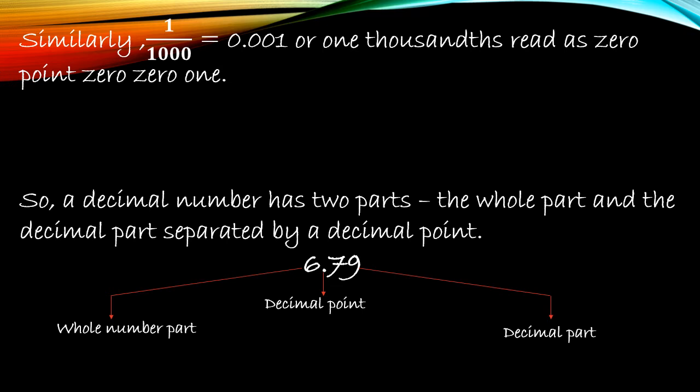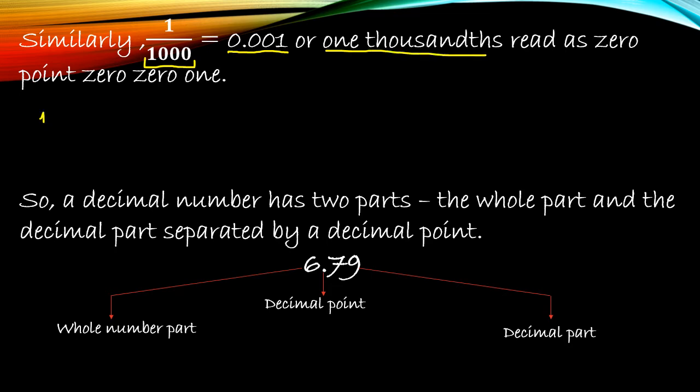Same way, if we divide one whole into 1000 equal parts, then each part of the whole represents 1/1000. That means one part out of 1000 parts is written as 1 upon 1000 in fractions, or 0.001 in decimal, or simply 1000th.